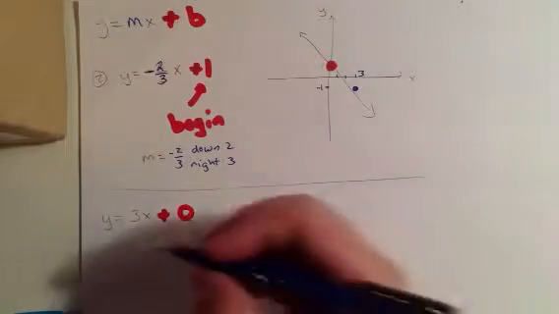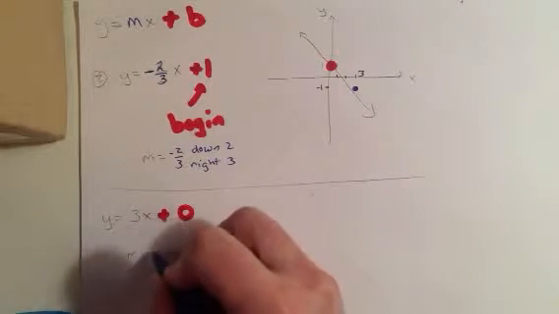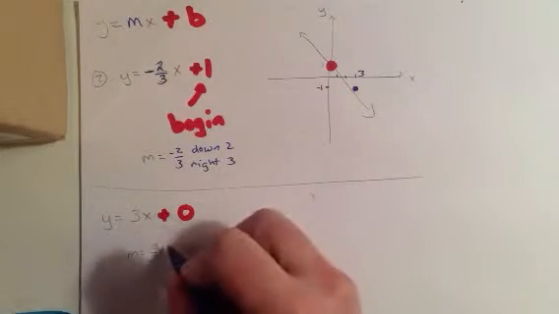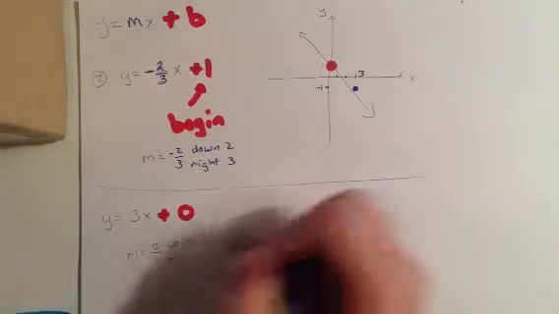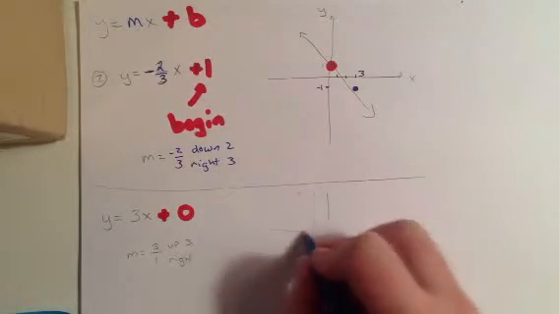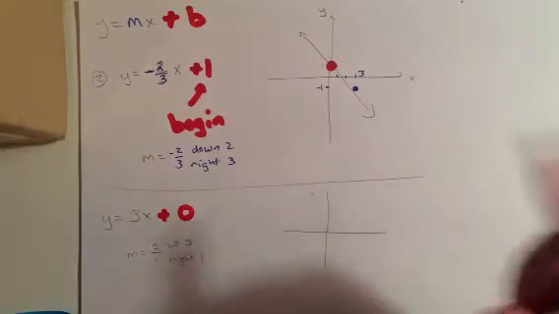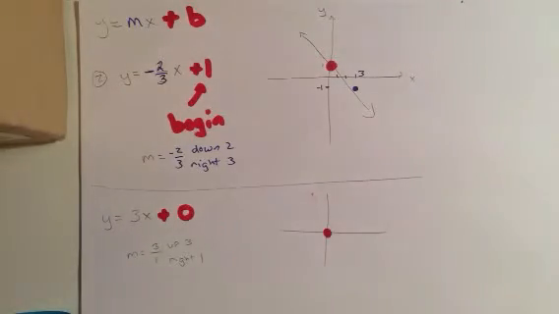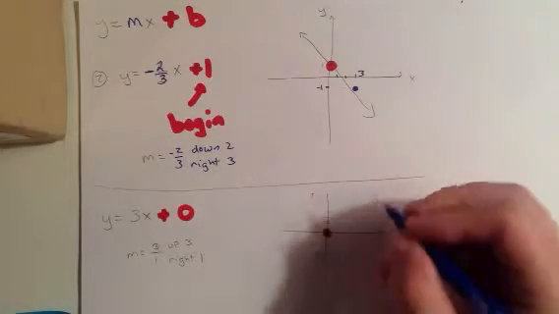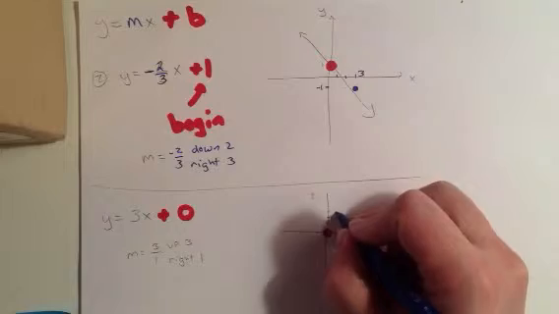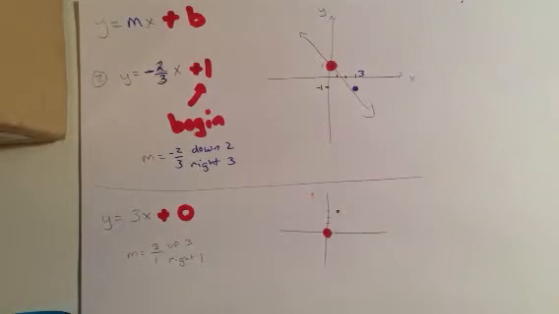I'm going to move 3 over 1, so that's up 3, right 1. So sketch a quick axis. Begin at 0, that just means I start at the origin, and from there I go up 3, 1, 2, 3, right 1, and I have a second point. Connect, and I have my line.